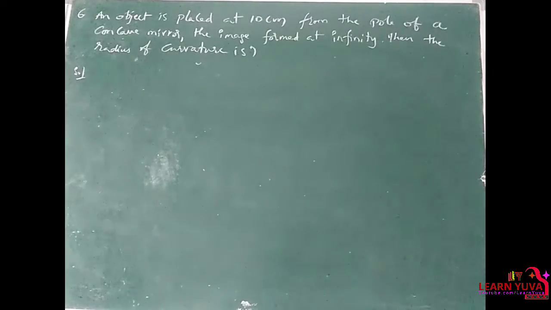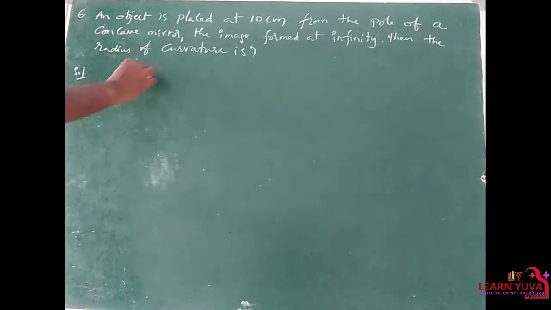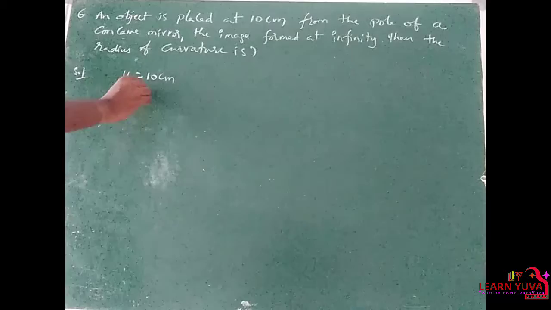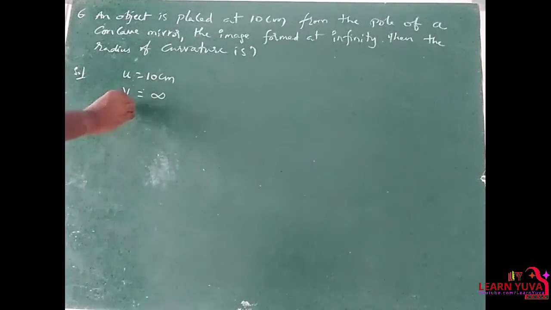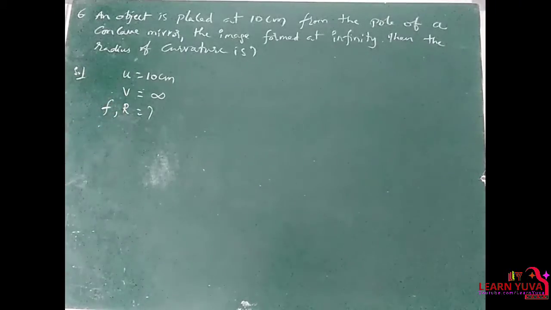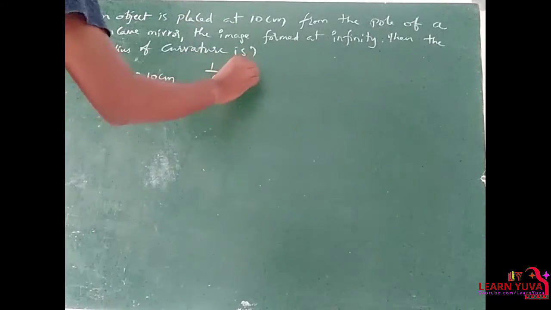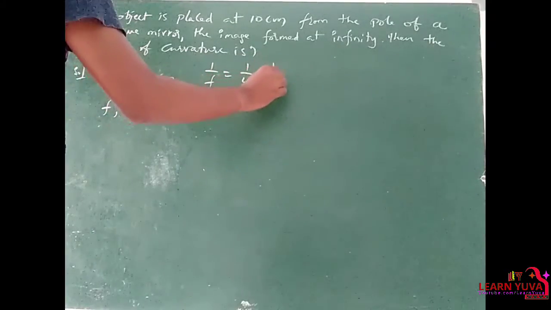An object is placed 10 centimeters from the pole of a concave mirror. The image is formed at infinity. Then what is the radius of curvature? So given u is equal to 10 centimeters, v is at infinity, we have to find r. To find r, we have to find the focal length. So apply the formula: 1 by f is equal to 1 by u plus 1 by v.